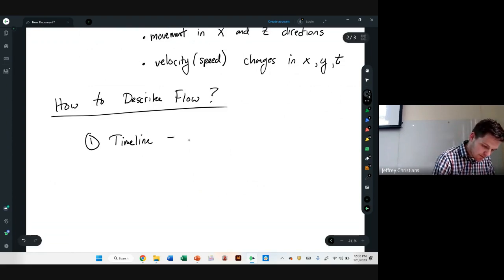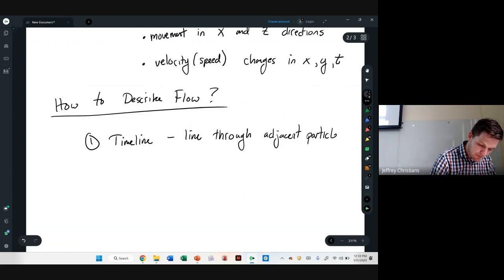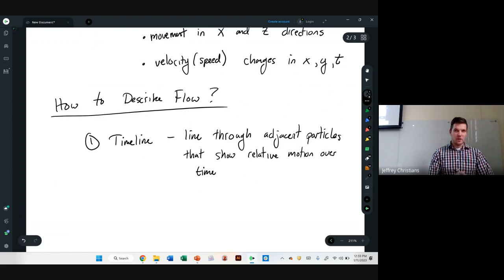This is a line through adjacent particles that show relative motion over time.